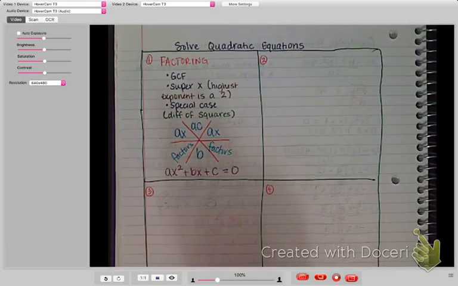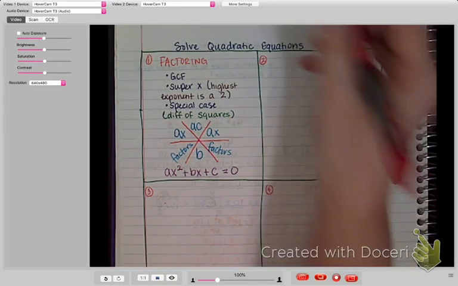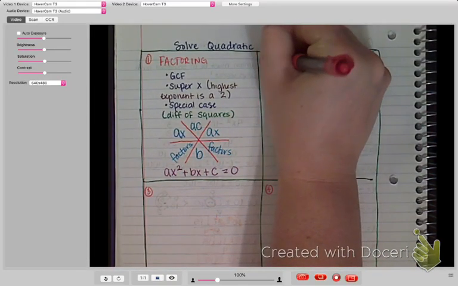The next thing we looked at was taking square roots.